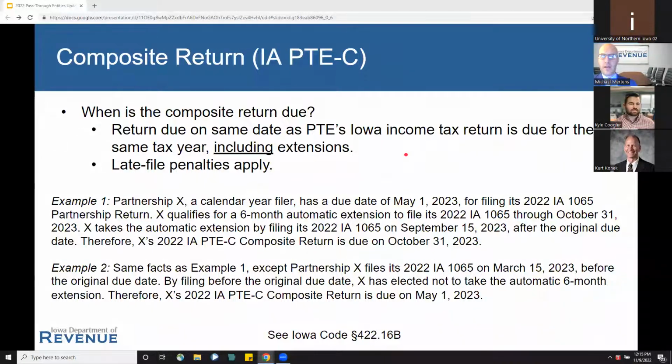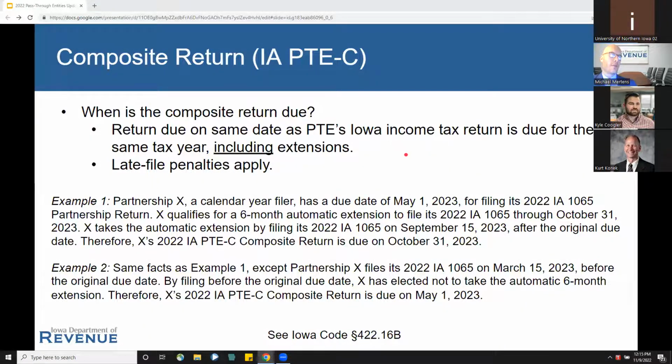Let's tweak that example slightly to assume that the partnership files its 2022 partnership return on March 15th, 2023, which is before the original due date of its partnership return. By filing before the original due date, the partnership has not elected to take that automatic 6-month extension.